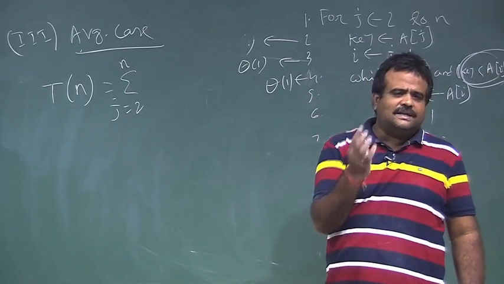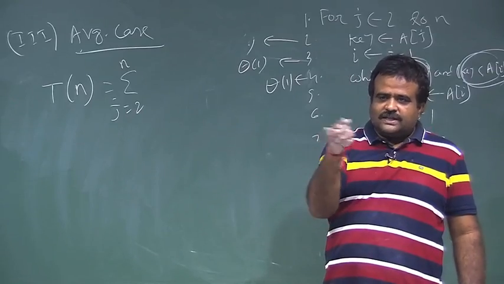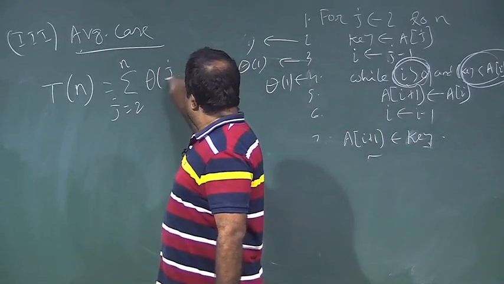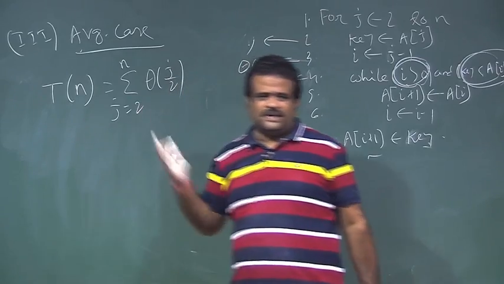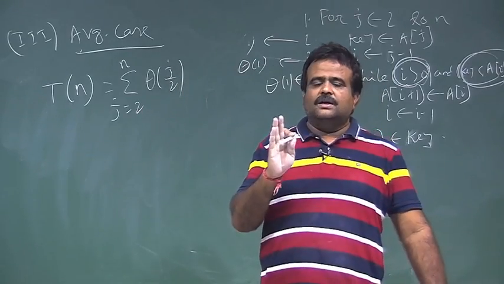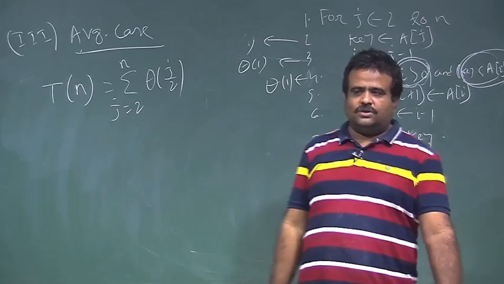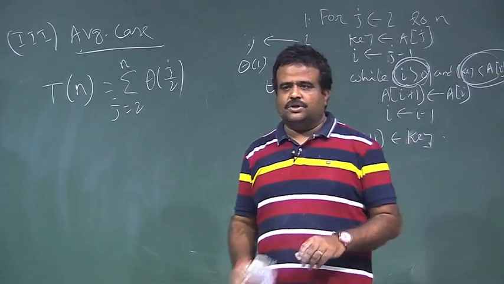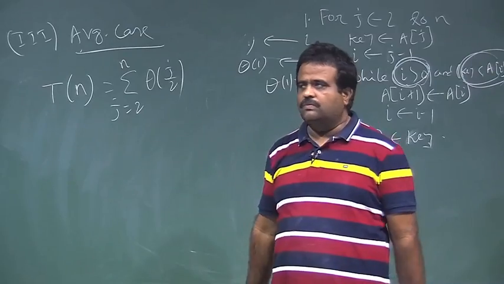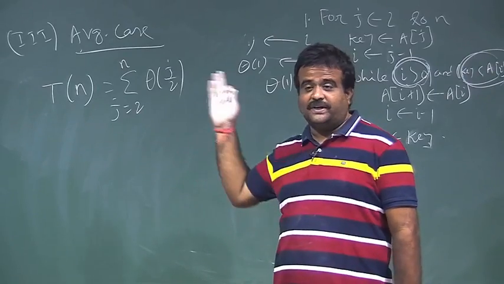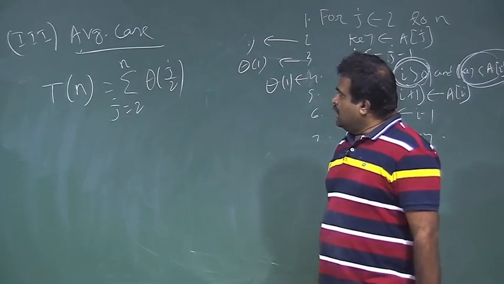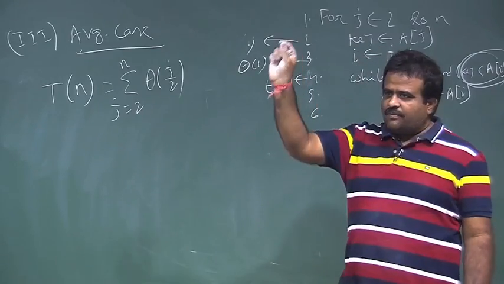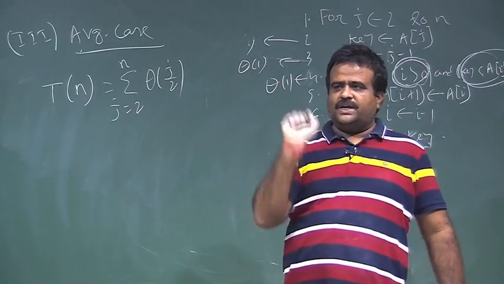So, in the average case we can say j is coming halfway. So, this will be theta of j by 2, but this is an intuitive analysis, not the exact average case analysis one should do, because for that we need the distribution of the input pattern, and we must talk about the expected value of T n. But roughly, intuitively, we can say the j is coming halfway to the beginning.